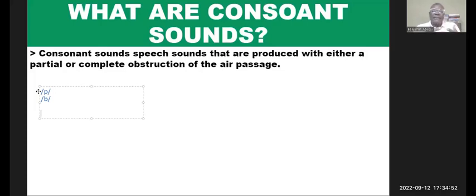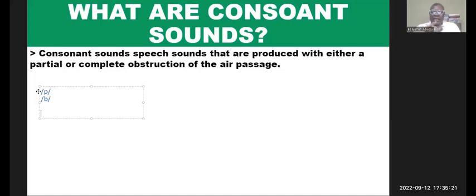And then at that point, when you want to produce the sound of P, the upper and the lower lips come together to form complete obstruction of the air passage. So the air that has come from the lungs and has entered your mouth is obstructed.